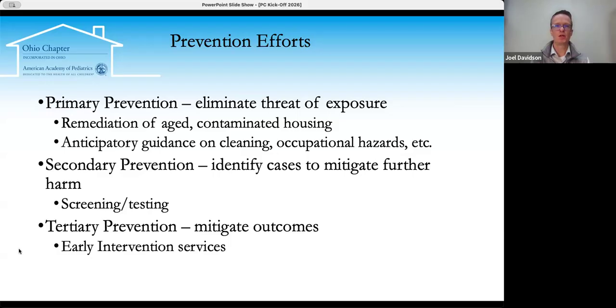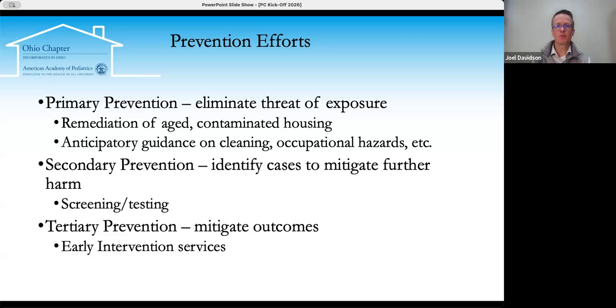This might be remediation or improvements to contaminated households, making those environments lead safe, or having the child move from a particular environment into another environment that's healthier for them. We're talking in primary prevention or anticipatory guidance topics around cleaning techniques around the house, eliminating occupational hazards that parents may bring home from their workplaces.